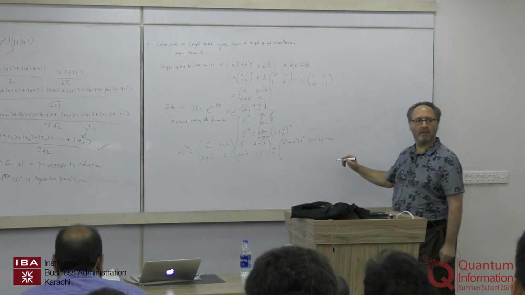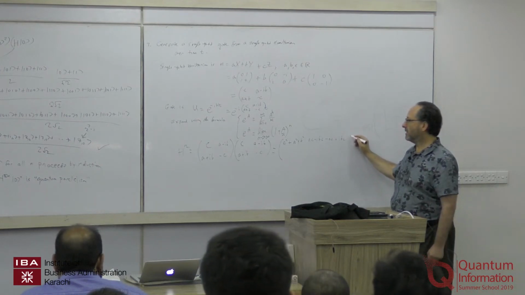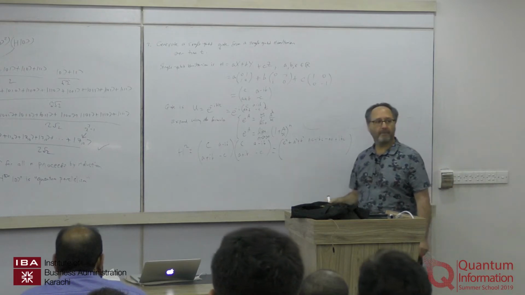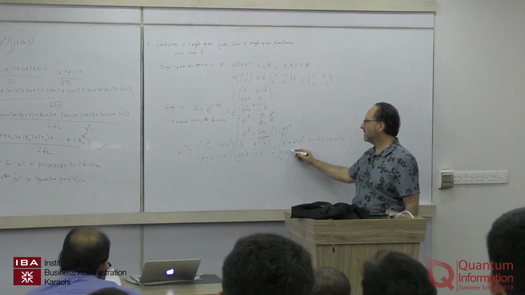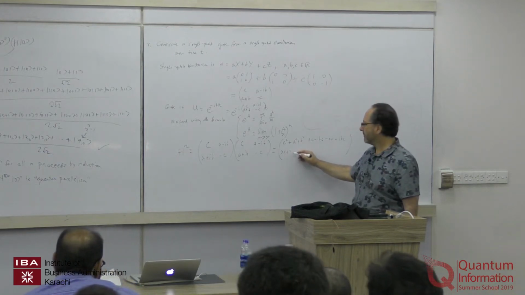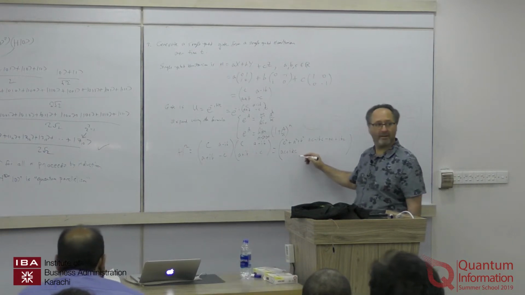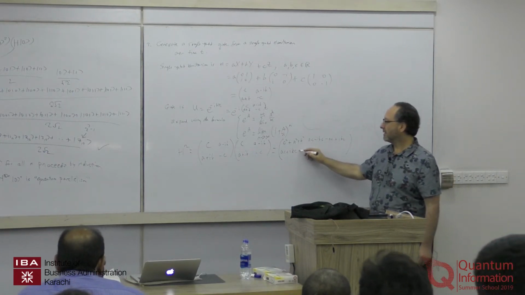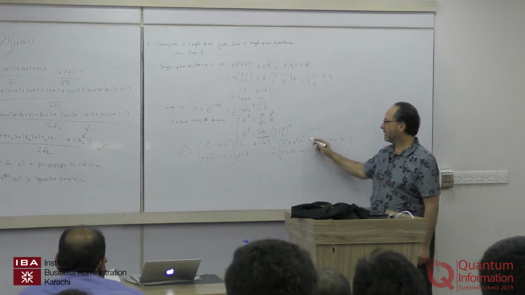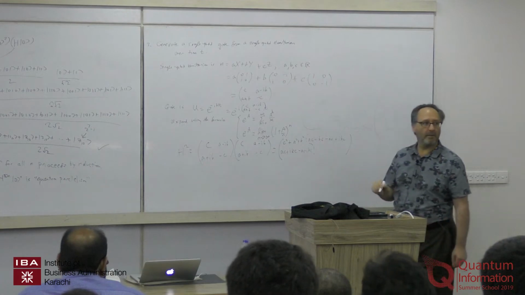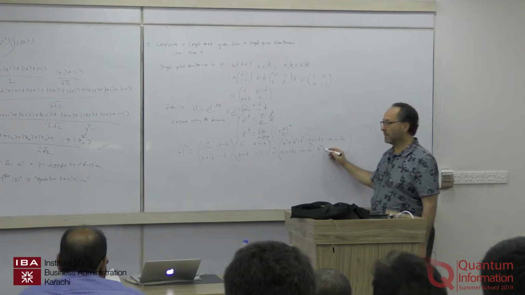Minus AC. Is that right? Yes, sir. Okay, next one. AC plus iota BC. Yeah, I know what you mean, okay. Minus AC minus iota BC. Okay. Next one. A square plus B square.